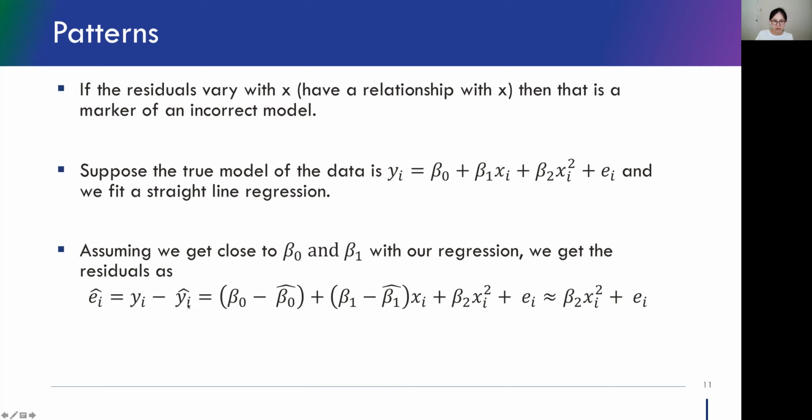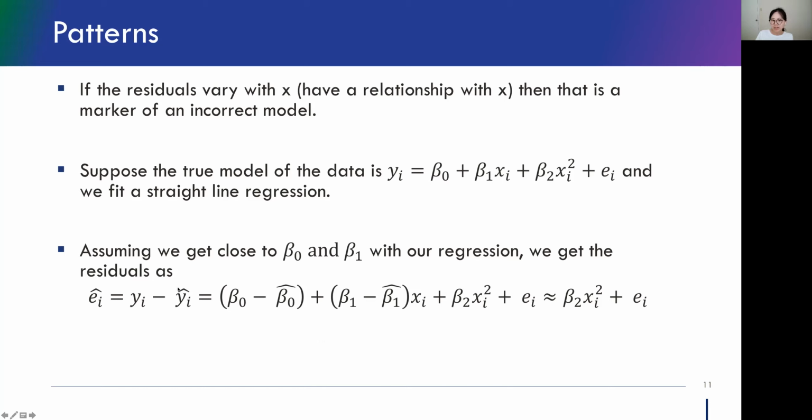When we calculate the residual, it looks like this, but we have this extra quadratic term, because in the straight line case we only have the first two terms. The yi hat is beta 0 hat plus beta 1 hat times x, because we're fitting a straight line.